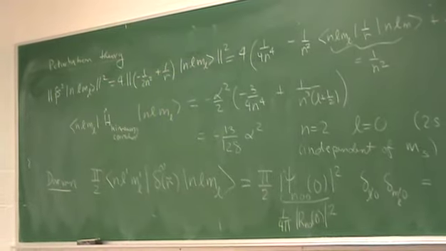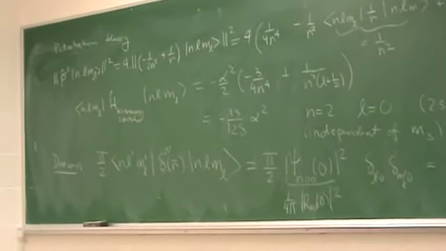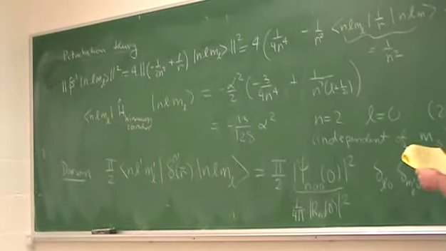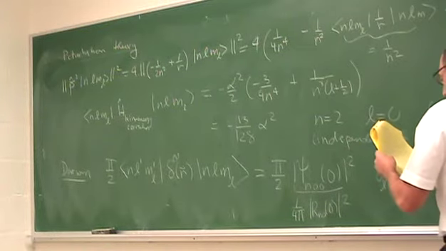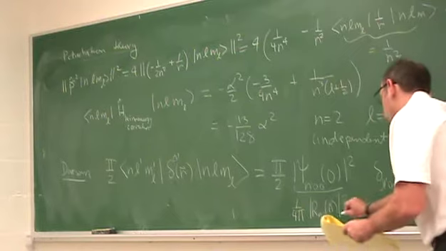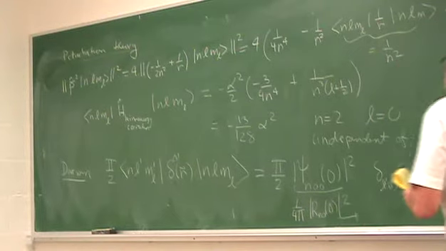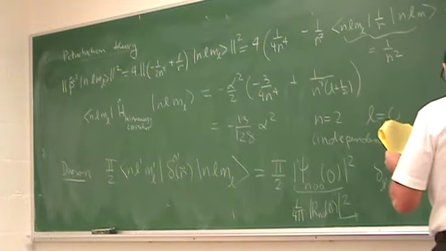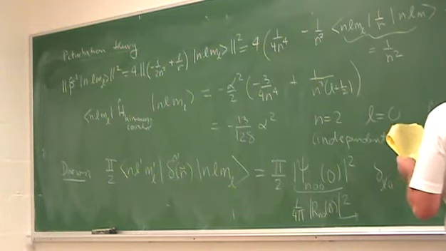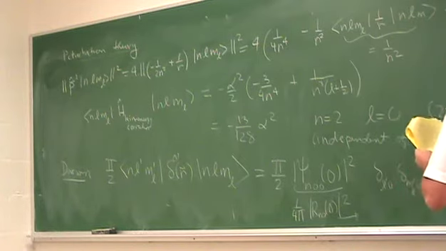So let's see what that is. So this then is equal to this value for the 2s state is a half, so this becomes equal to alpha squared over 16 for 2s.